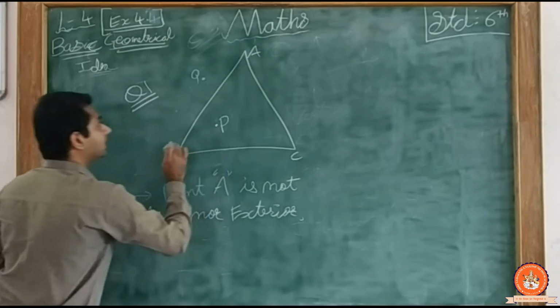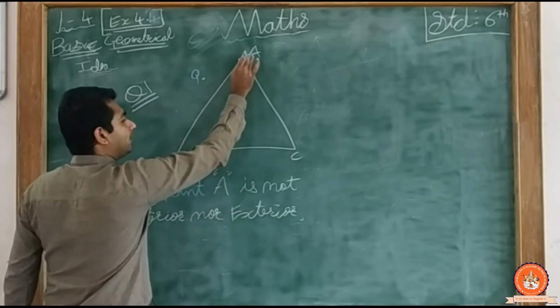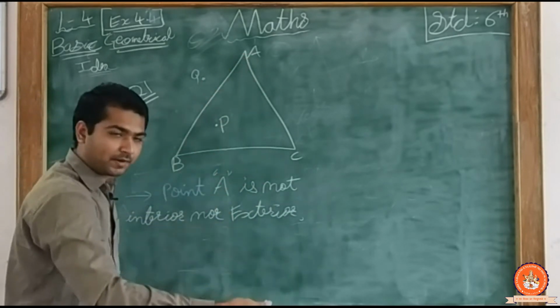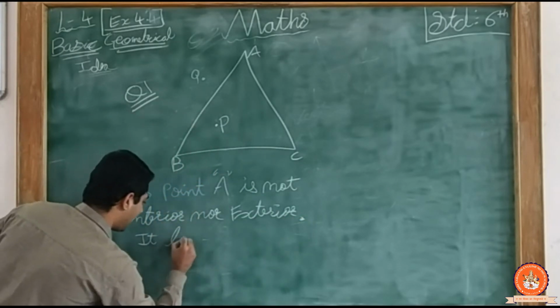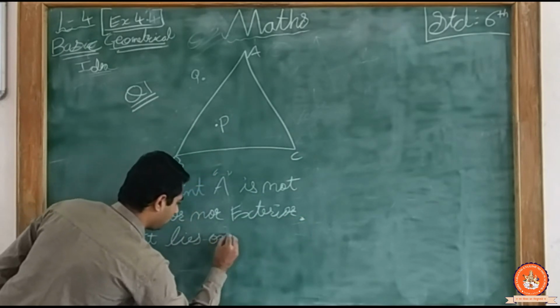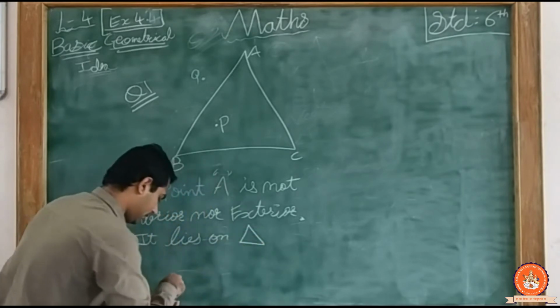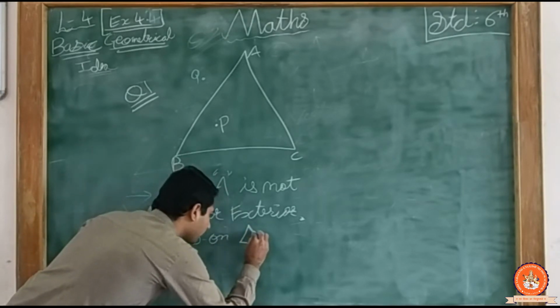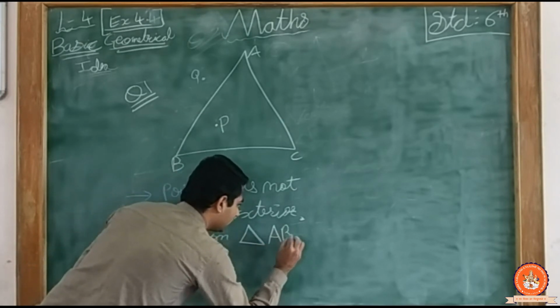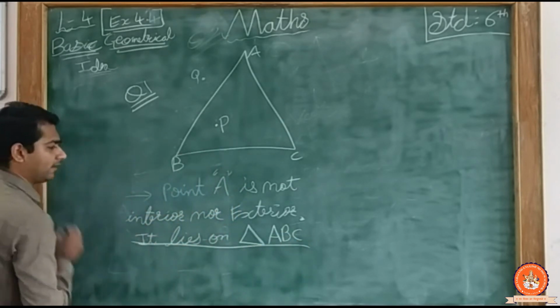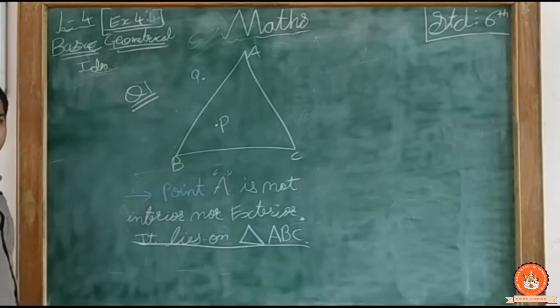Clear? It lies on triangle ABC, meaning it is on the triangle ABC. So this is my answer. Clear? You have to write this much only.